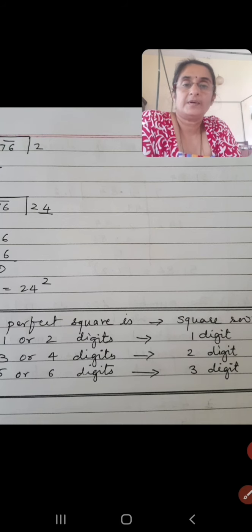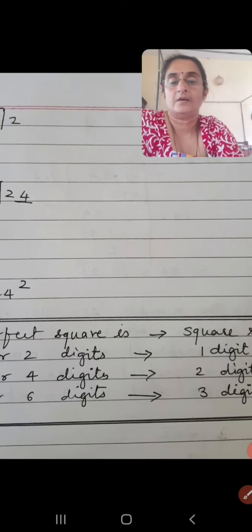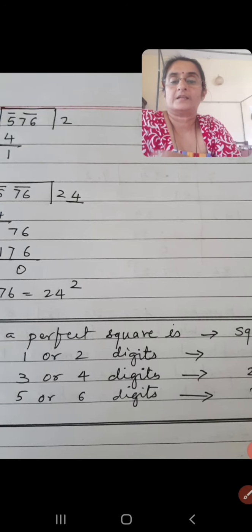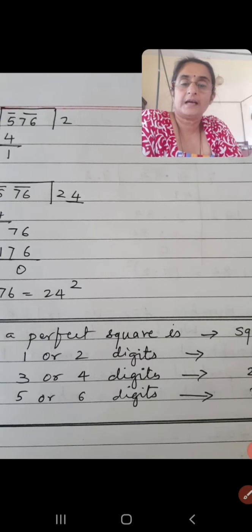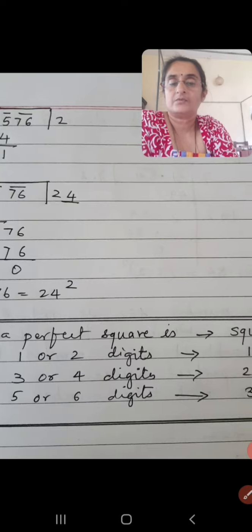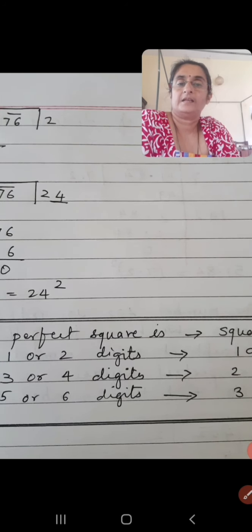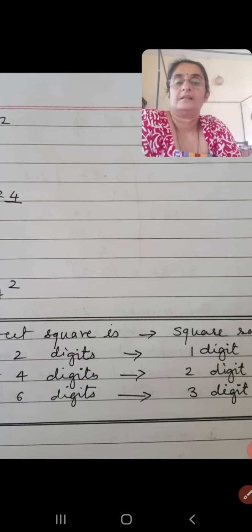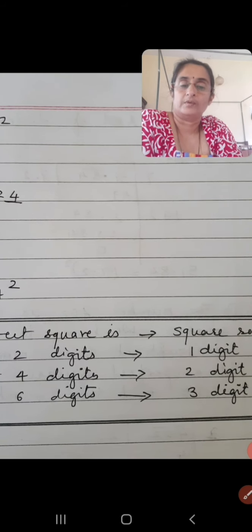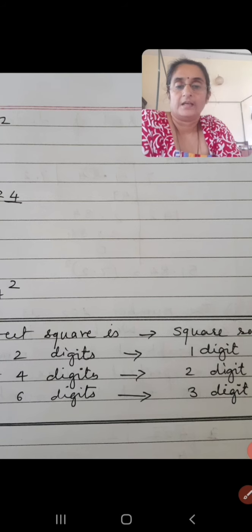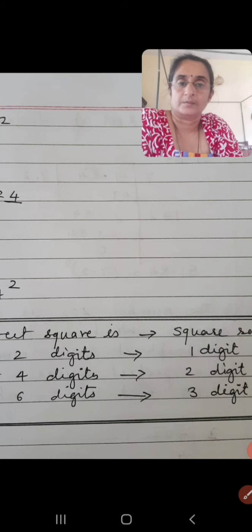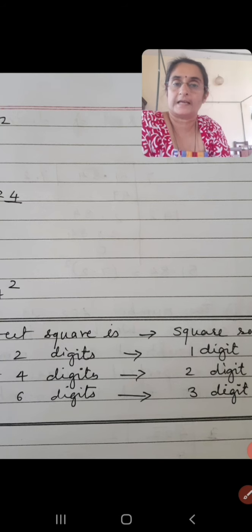If the square number is 1 or 2 digit, the root will be 1 digit only. If the perfect square number is 3 or 4 digit, the square root will be 2 digit always. If the perfect square number is 5 or 6 digit, the root will be 3 digit only.